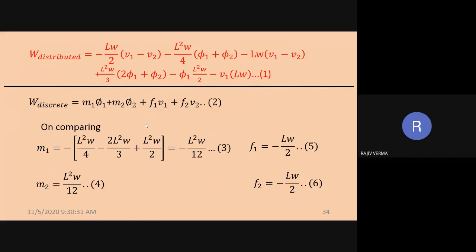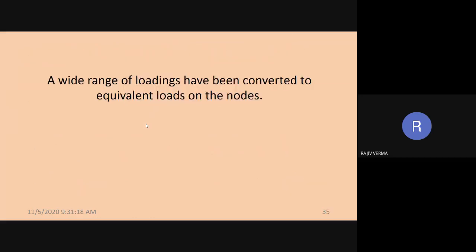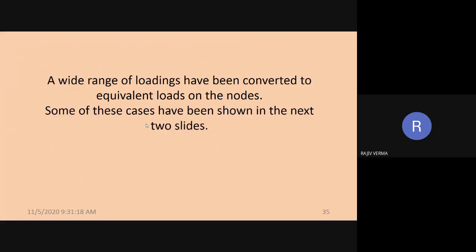In fact, a wide range of loadings have already been converted to equivalent loads on the nodes.